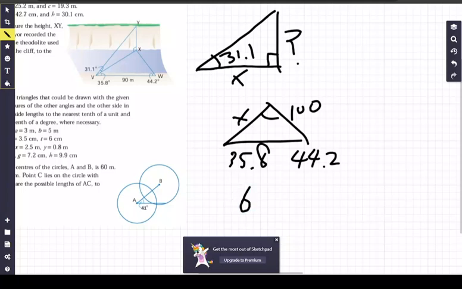63.71. I rounded it here, but I didn't round it on my calculator because I want to save it for the next step. So now, how do we find this in a right triangle?